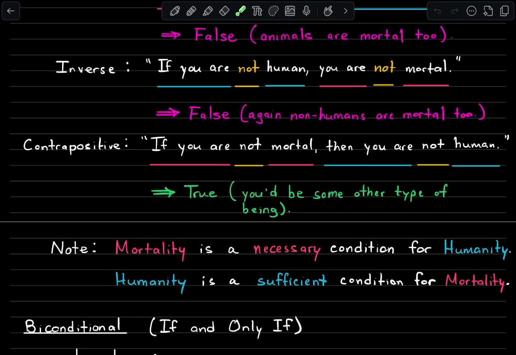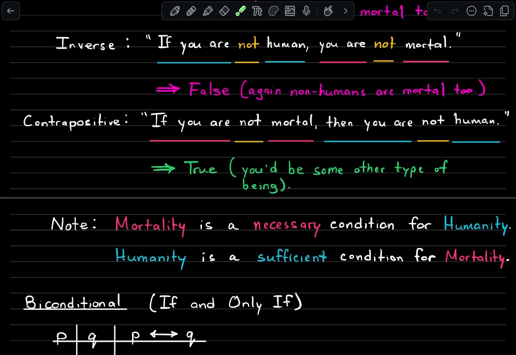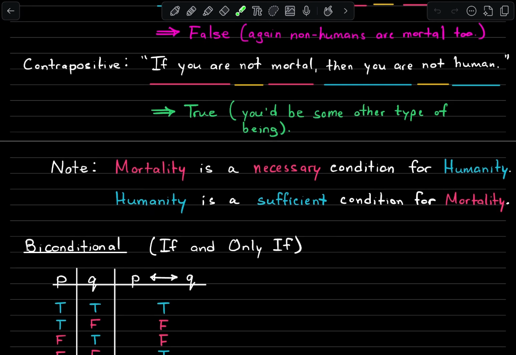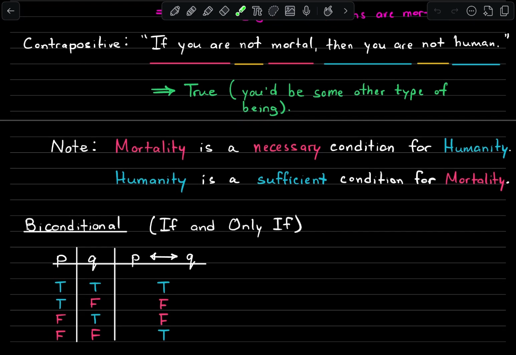Now, last thing I want to talk about is the biconditional, which is known as if and only if. Okay, so let's look at how this works. So here we've got the truth table, we've got P, Q, and then P if and only if Q. Okay, so if both are true individually, the biconditional statement will be true.